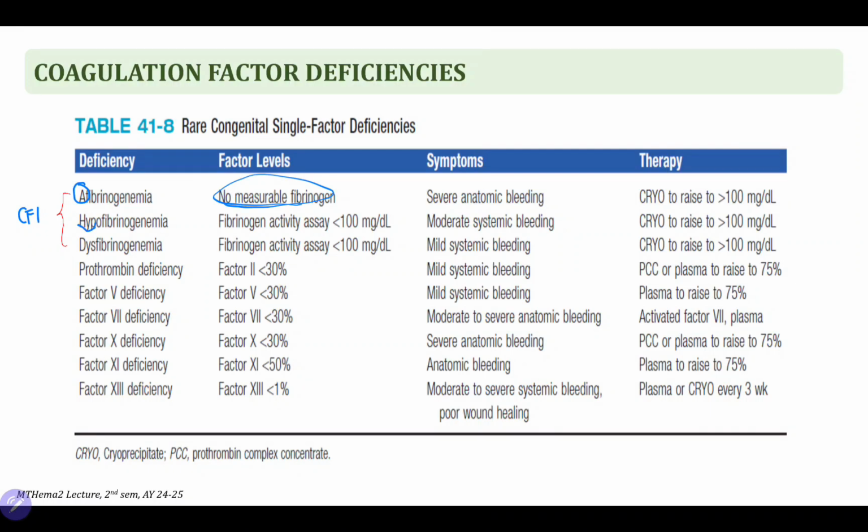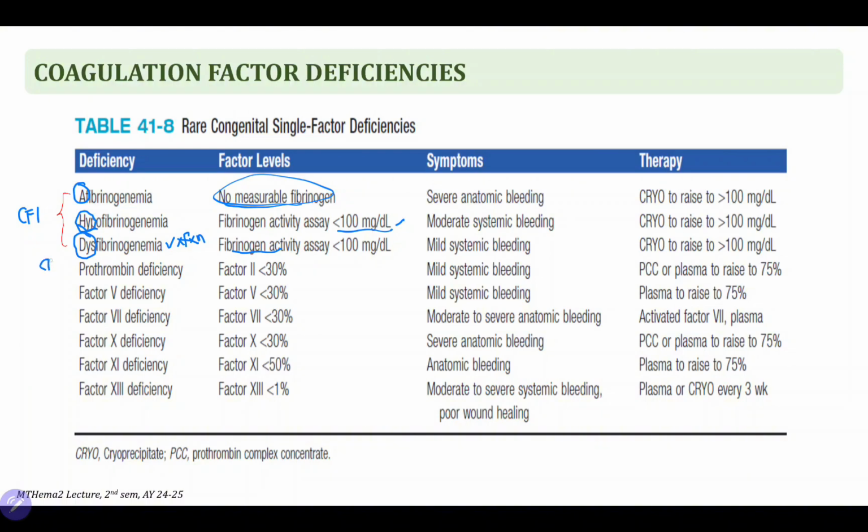When we say hypofibrinogenemia, the fibrinogen assay is less than 100 milligrams per deciliter. And when we say dysfibrinogenemia, similar with the levels of hypofibrinogenemia, it's just that nagkakaroon ng decreased fibrinogen assay or activity because your fibrinogen is dysfunctional. Okay, it's dysfunctional.